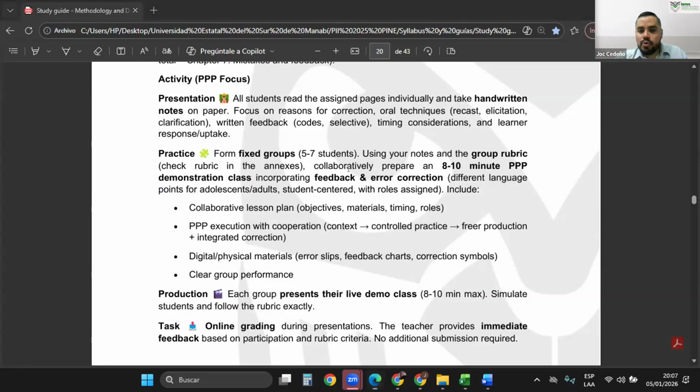And remember that we have a group rubric, in which you need to consider some aspects of this presentation, and good luck. Do you have any questions about the activity? Questions? No? Okay, so we have about 25 minutes to work on this project.